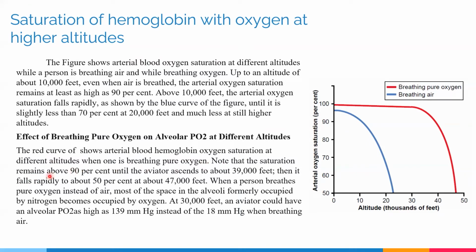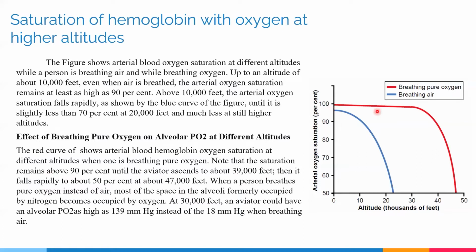Note that the saturation remains above 90% until the aviator ascends to about 39,000 feet. An aviator is a person who is flying a jet or a plane, because obviously at 39,000 feet that is the only way we can reach that particular altitude. Then it falls rapidly to about 50% at about 47,000 feet.